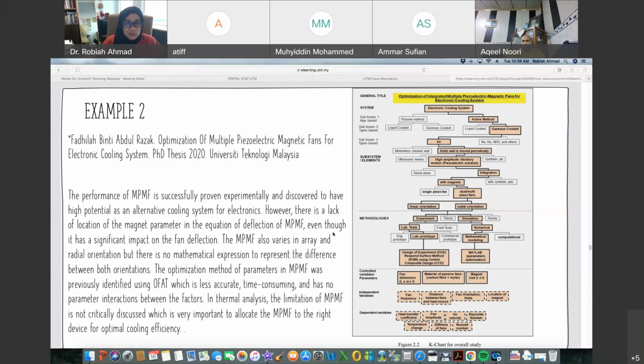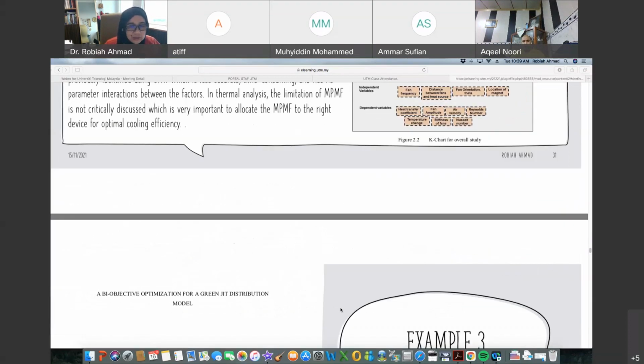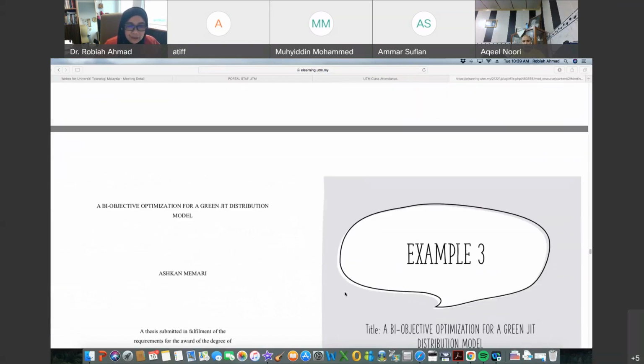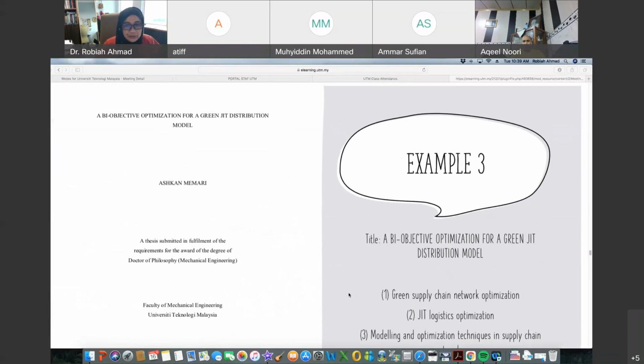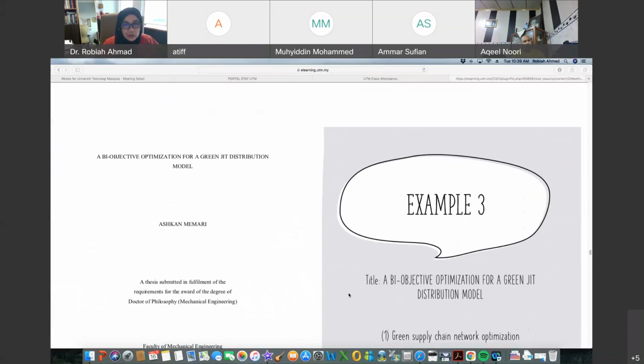So this is the key chart of one of my students. Maybe you don't need the key chart, but you have some ideas how to structure your literature.